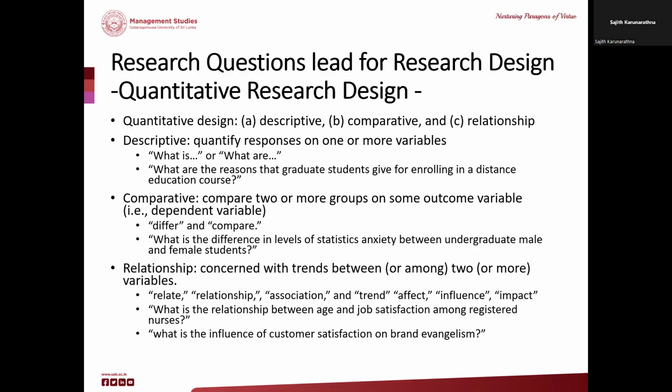For example, what is the relationship between A and B? That is basically a quantitatively bounded, relationship natured question. What is the influence of customer satisfaction on brand evangelism? Impact. So that is a relationship bounded question under the quantitative design.